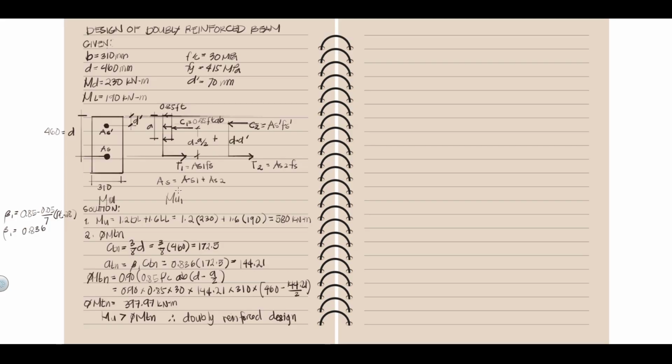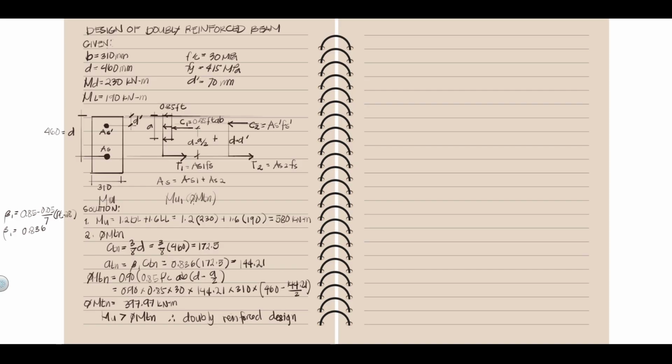MU1 will be the allowable moment for a singly reinforced design. Sa ibang book, ang ginagamit nilang MU1 is the MN max or the VMN max. Pero gaya na sabi ko, ang boundary condition natin will be the VMTN. So, itong MU1 na to is the VMTN.